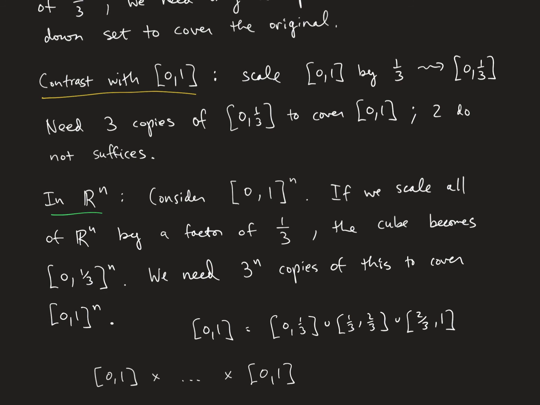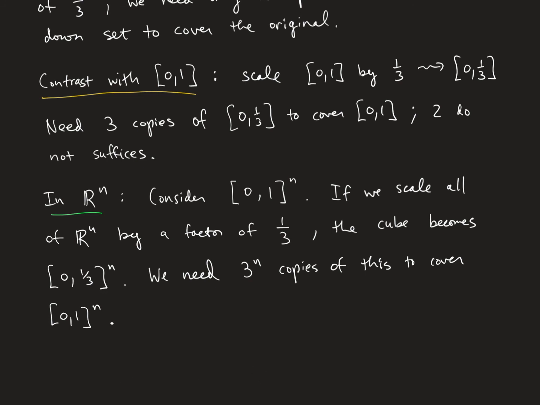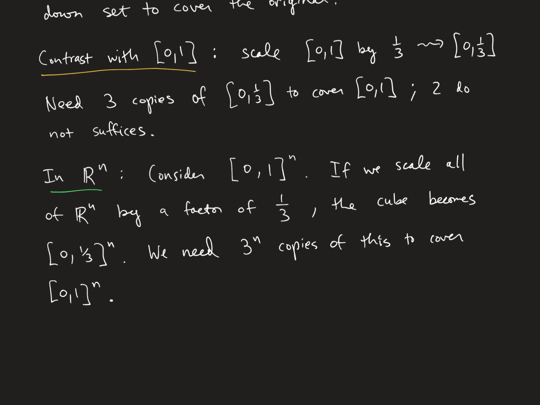So that's 3 to the n choices. Hopefully that makes sense. You can just draw a picture for the case n is 2 and 3 to see that this makes sense. And so notice the dimension n comes out in the exponent here.